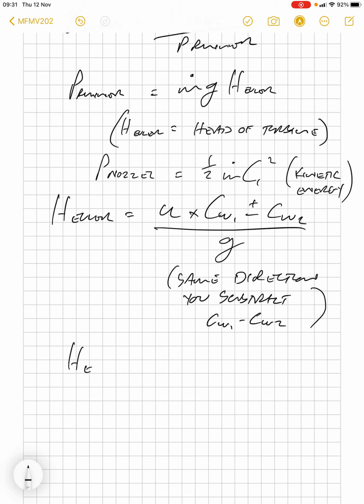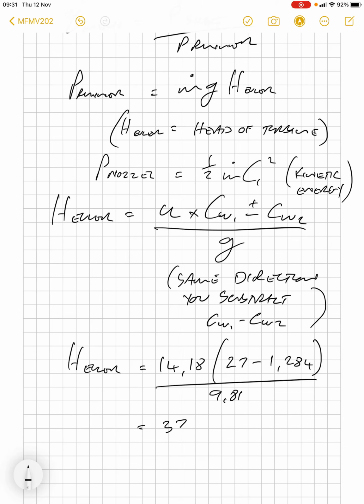Alright, so therefore the Euler head is 14,18 times 27 minus 1,284 over 9,81. That gives us 37,17 meters of water.